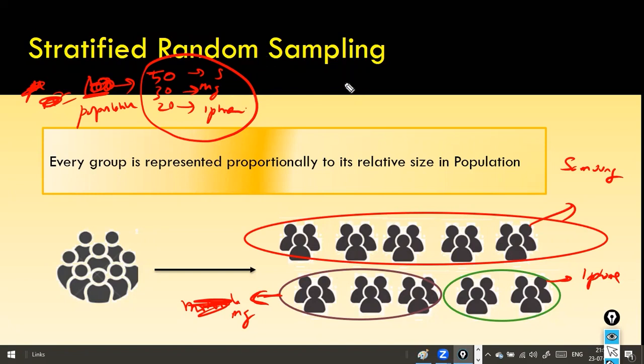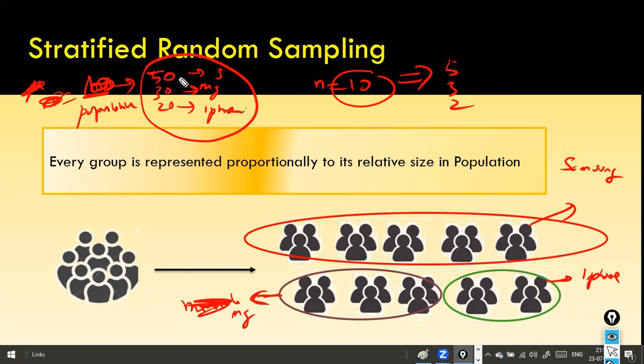Okay, so if I ask you to draw the sample with the size 10, what proportion are you going to draw from these 3 groups? Out of 10, 5, 3, 2, because you have more people, right? So 5, 3, 2. In this case, with the proportional sample, the sample should have proportions similar to that of your population.